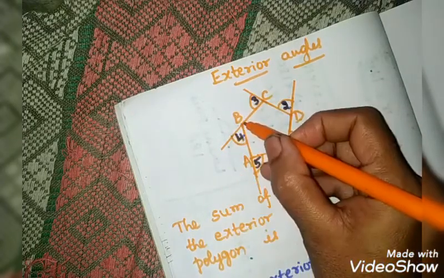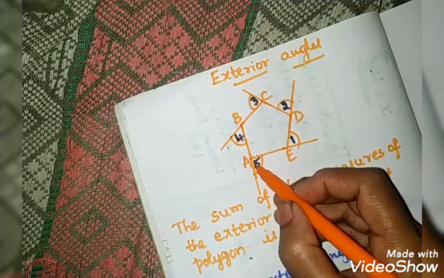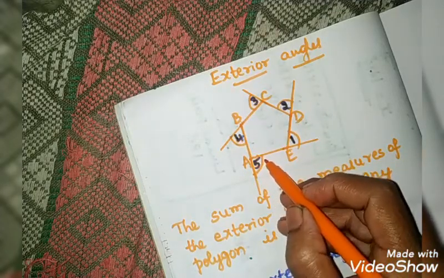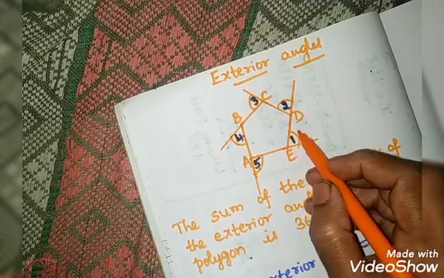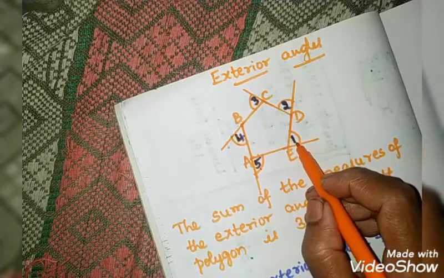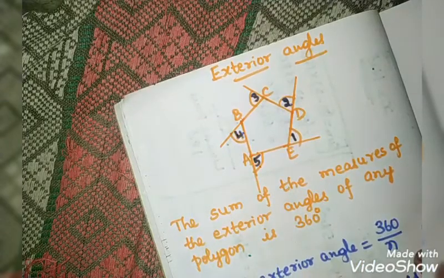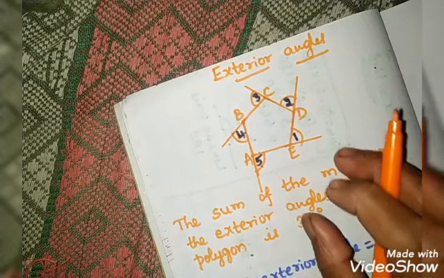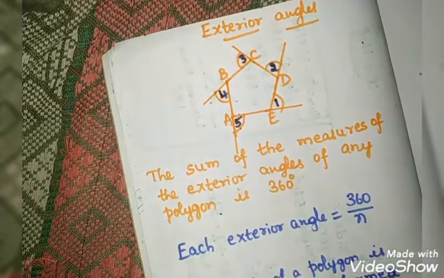When BC is extended, we get an angle, 4. Here, exterior angle. When AB is extended, we get an angle outside the polygon, that is here. So, all the exterior angles are given numbers here, you can observe to understand easily. 1, 2, 3, 4, 5 are the exterior angles. Understood, no, children? These are the concept of exterior angles. I hope you understood the concept of exterior angles.